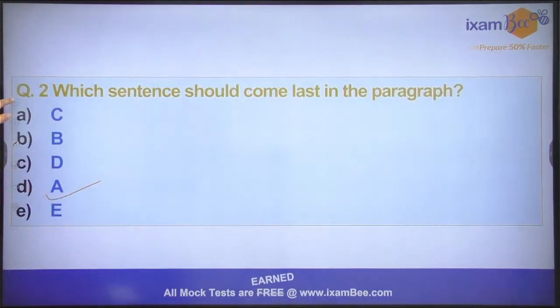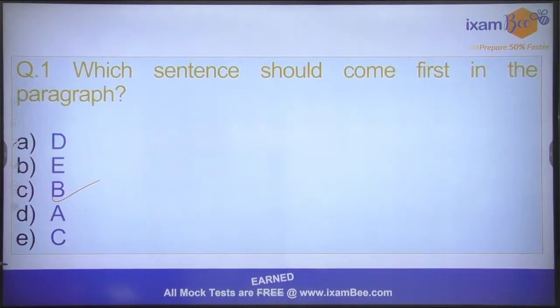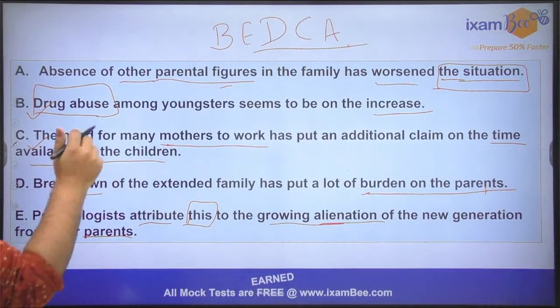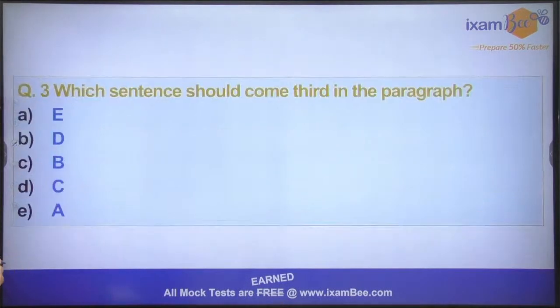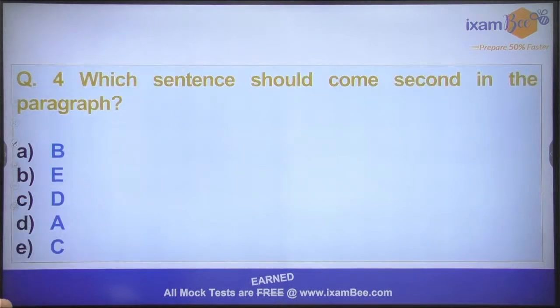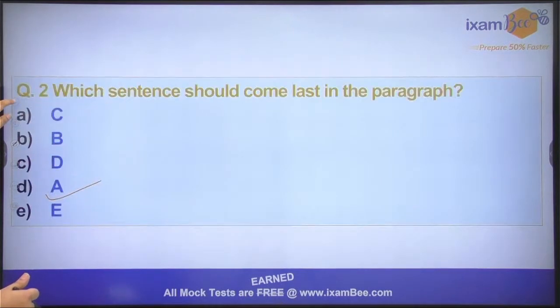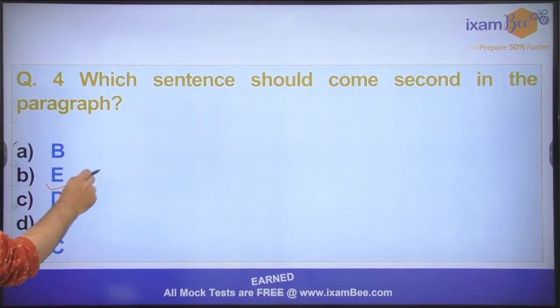ठीक है? Now which sentence should come third in the paragraph? Let's see. So D was the third. Okay, now which sentence should come second in the paragraph? Let's see. E, right?